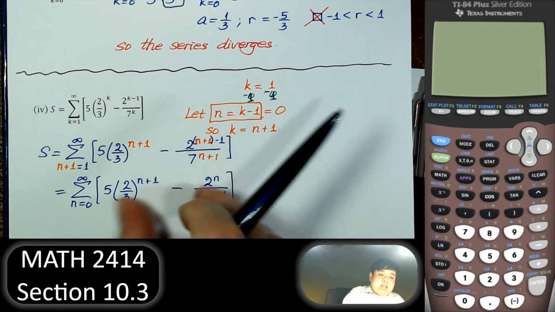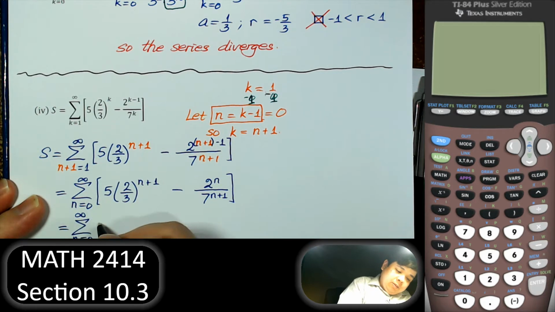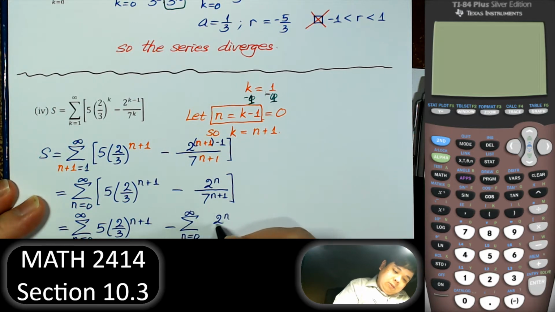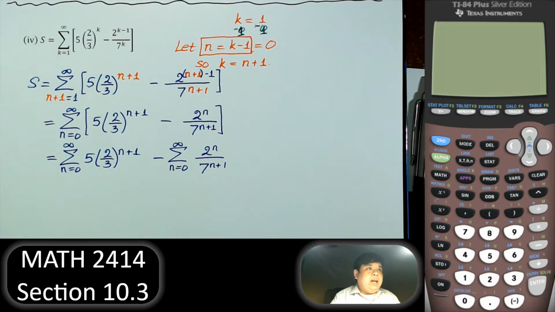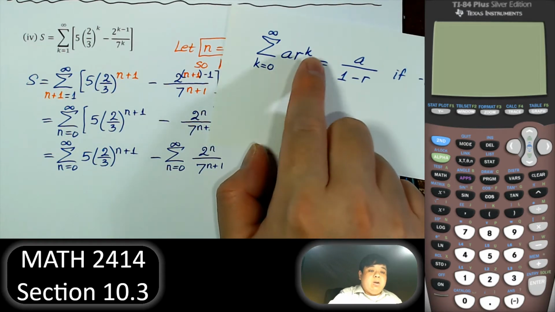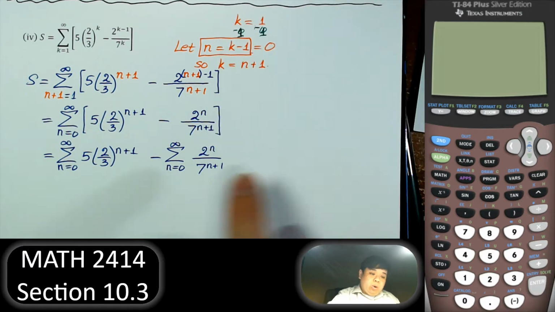Now what we can do is split the sum in two. Now, we just need to turn this into the right form, meaning the index starts from 0 and the power is whatever that index is. So we're going to split.